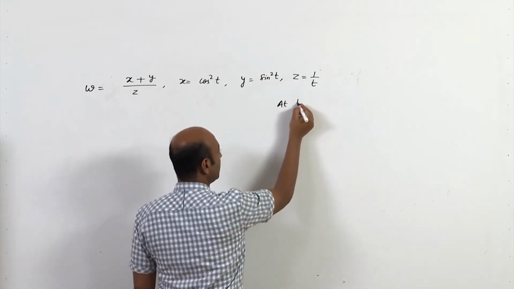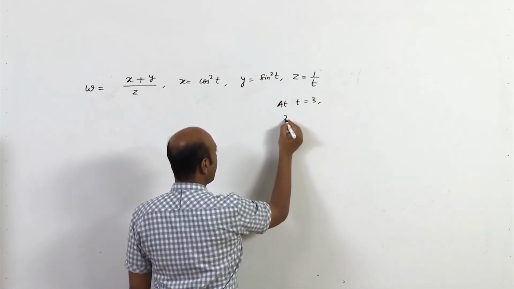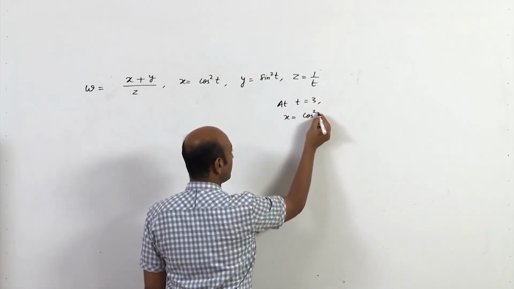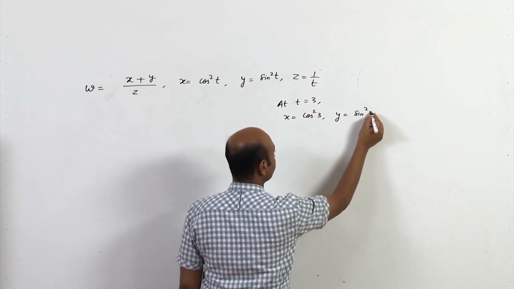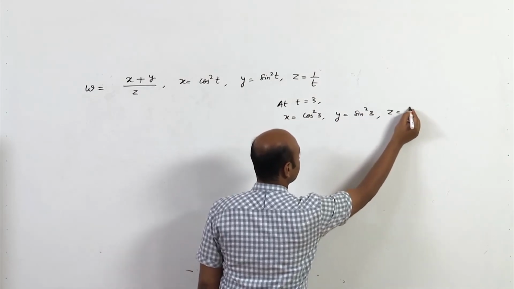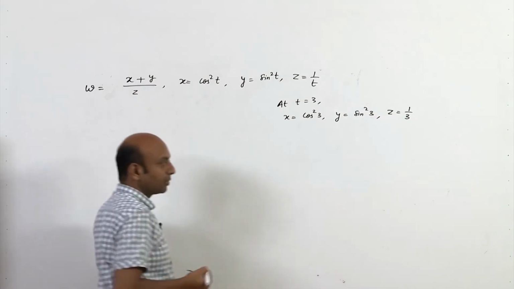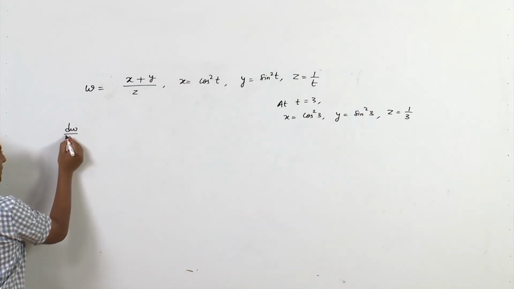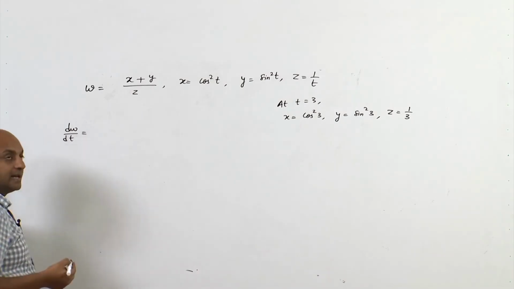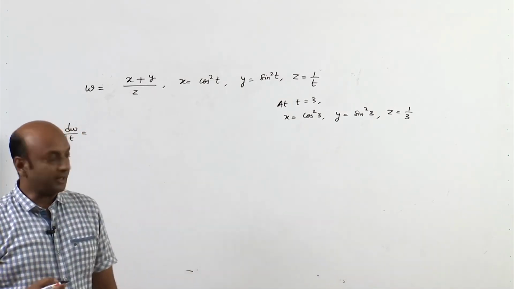Now, at t equal to 3, x is cos square 3, y is sin square 3, and z is 1 by 3. Okay. Now, you first compute dw by dt, then we will compute dw by dt at t equal to 3.